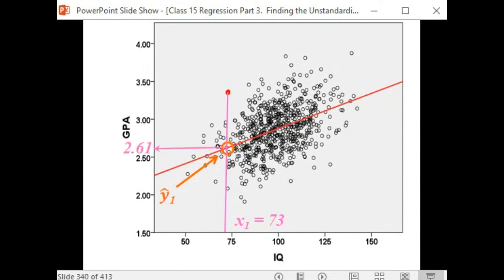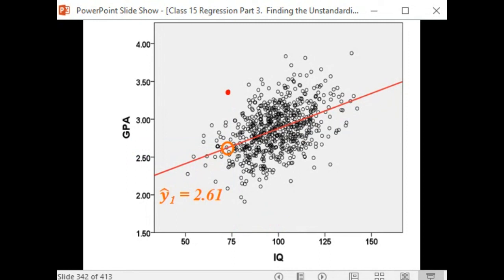And the y-coordinate of this prediction point is 2.61. So, for individuals with an IQ of 73, the predicted grade point average is 2.61. So now we've completed our first step. We now know that the value of y predicted for individual 1 is equal to 2.61.